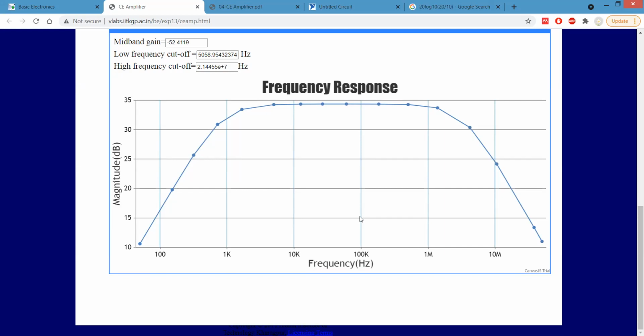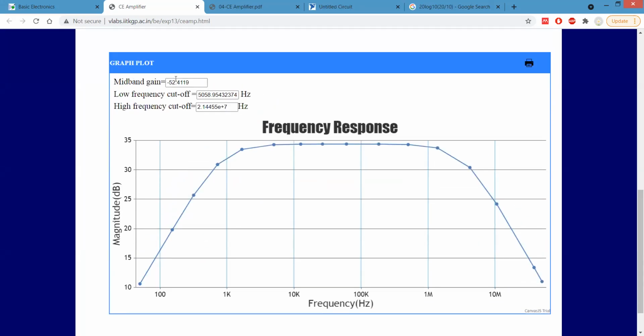So basically, you can see that throughout this frequency region the magnitude is fixed in dB scale, and it is decreasing again when we increase the frequency. And from here, we can calculate the maximum mid band gain, low frequency cutoff and high frequency cutoff. All these are in hertz.